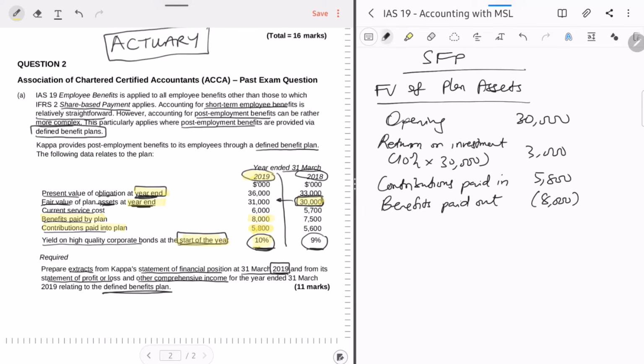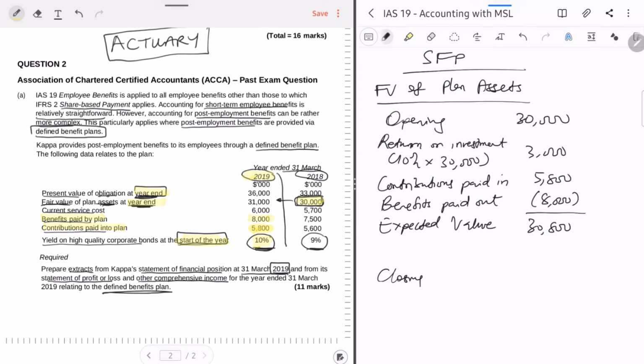What does that give you? So let's add that up. So my calculator, 30,000 plus 3,000 plus 5,800 minus 8,000. That gives me 30,800. So this is my expected value. You leave a space as usual.